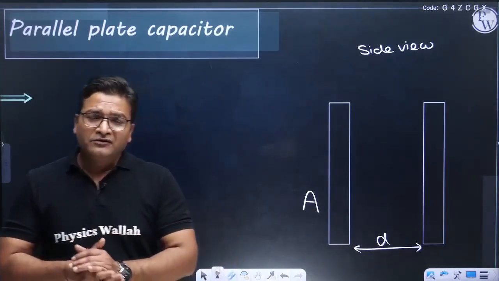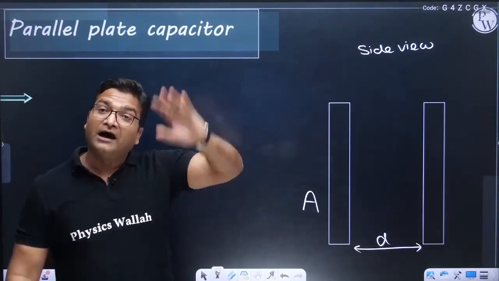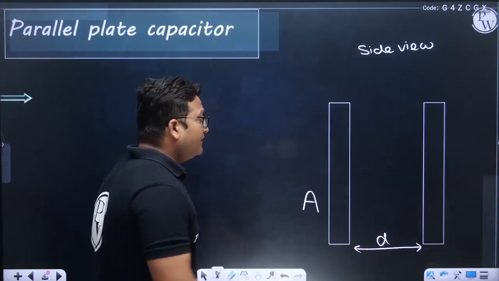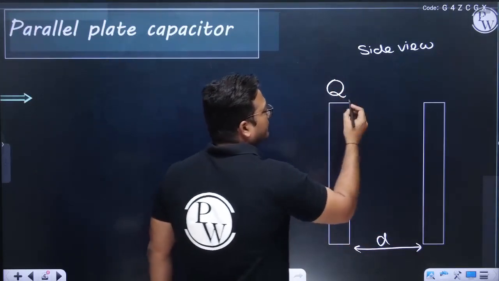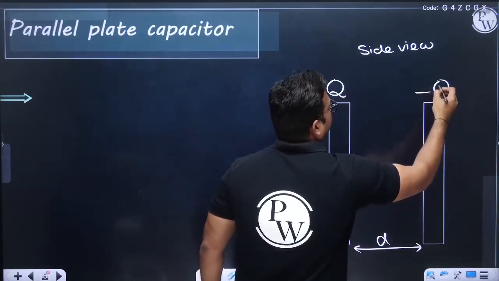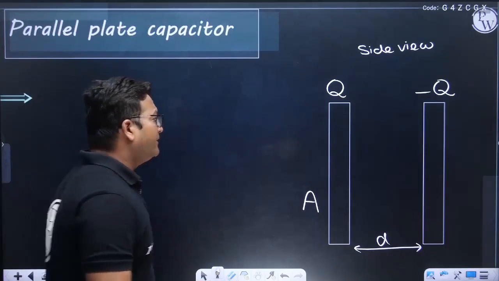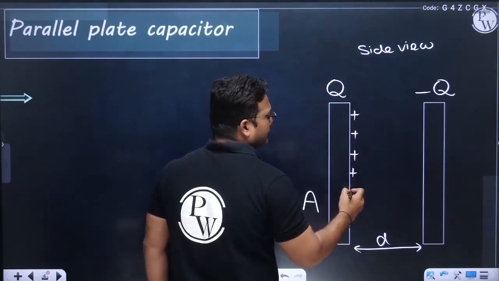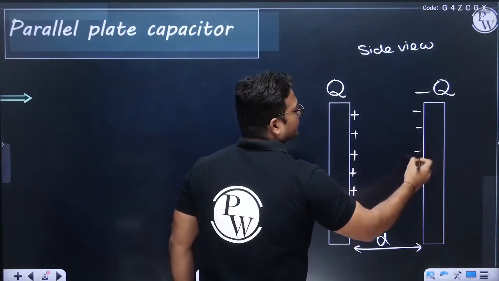When we talk about a parallel plate capacitor, we consider the area to be very large as compared to the gap between them. In such cases, I give one conductor a charge Q and the other conductor a charge minus Q. In Gauss's law, you must have studied that the plus Q charge comes to the inner surface and the minus Q charge also comes to the inner surface.